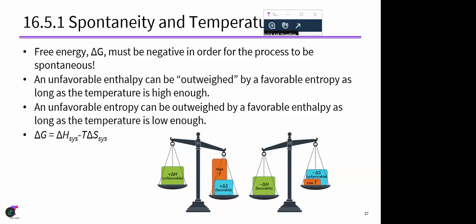And on the flip side, I know that if a reaction has to take in energy and it loses entropy in the process, that process is not going to happen on its own. But for the ones that are in the middle, this is where the Gibbs equation really can help us, because it can help us to weigh those two conflicting ideas against each other.